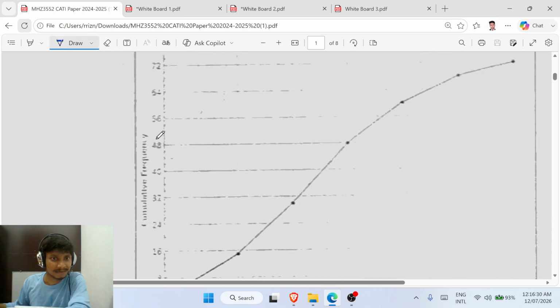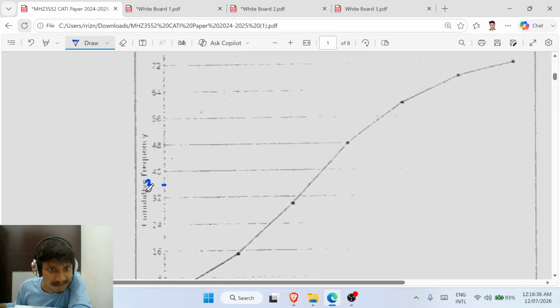Now we should clear the graph. Here this is 32, this is 40. In the middle, it will be 36, right?